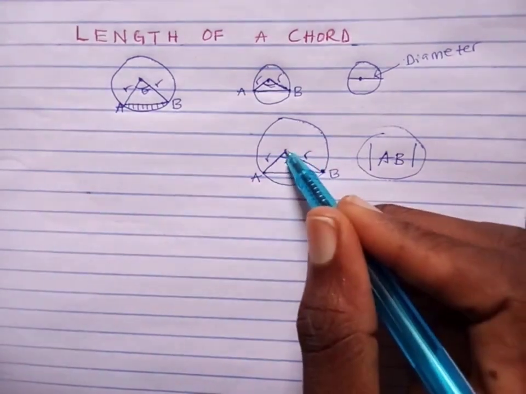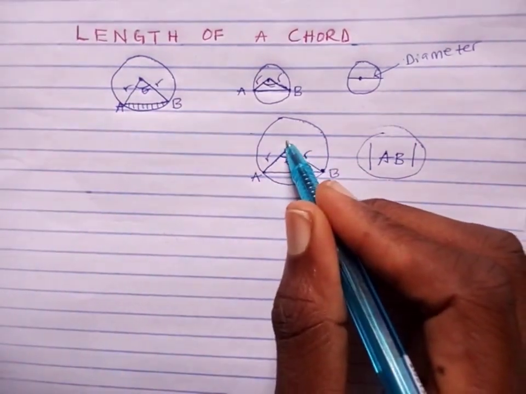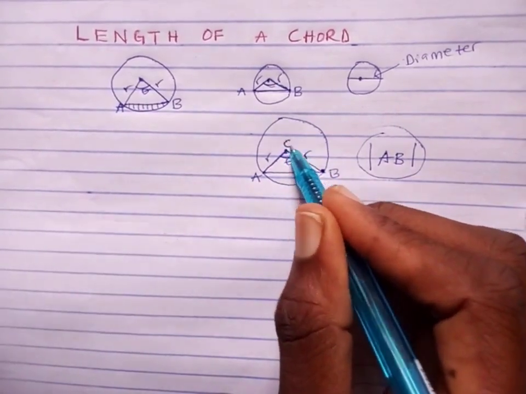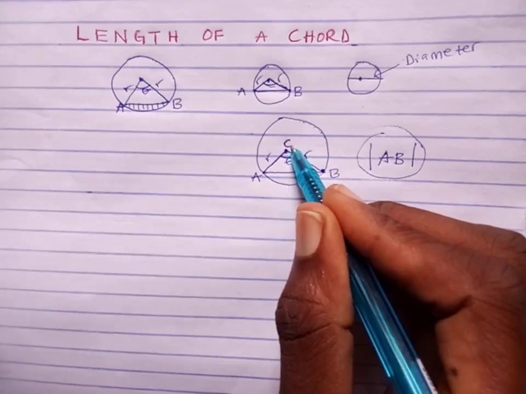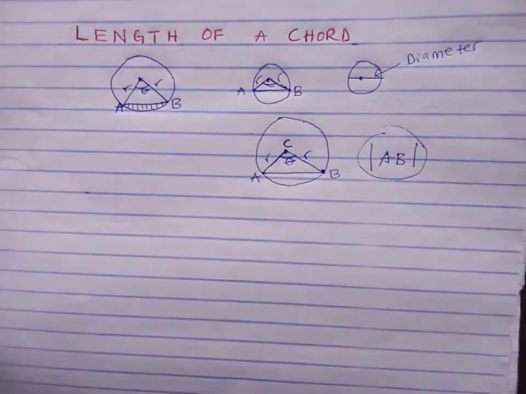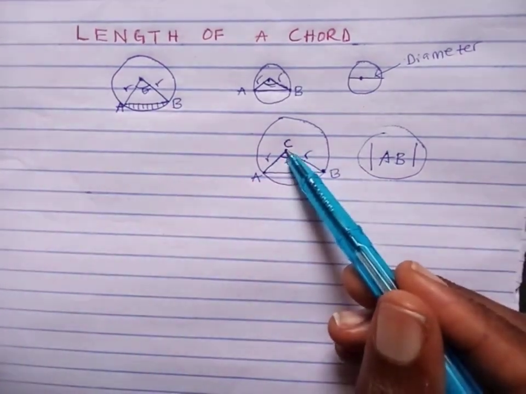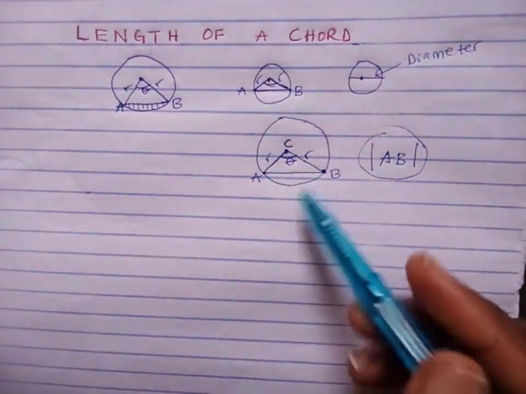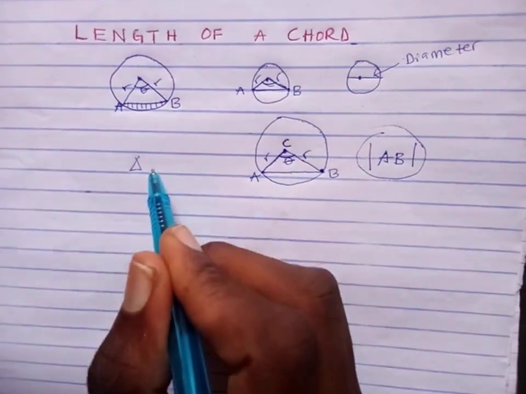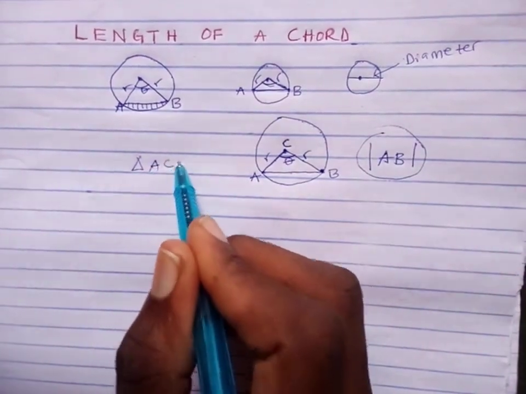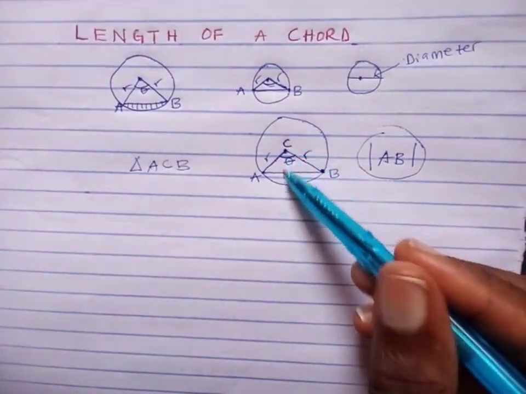The center of this circle, let me label it point C. And I want to bisect this very triangle ACB.